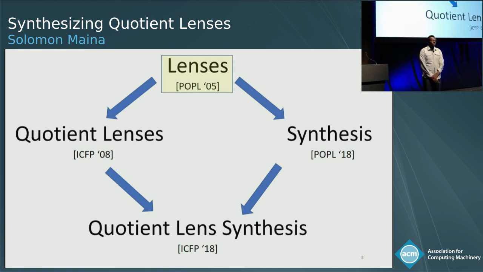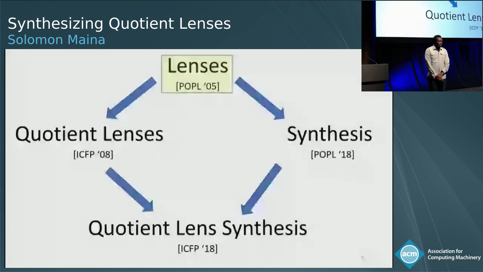So, for example, the class of bijections between sets forms a class of lenses, since every bijection can be defined by two functions which are mutual inverses of each other, and this is a guarantee that the class of bijective lenses gives.